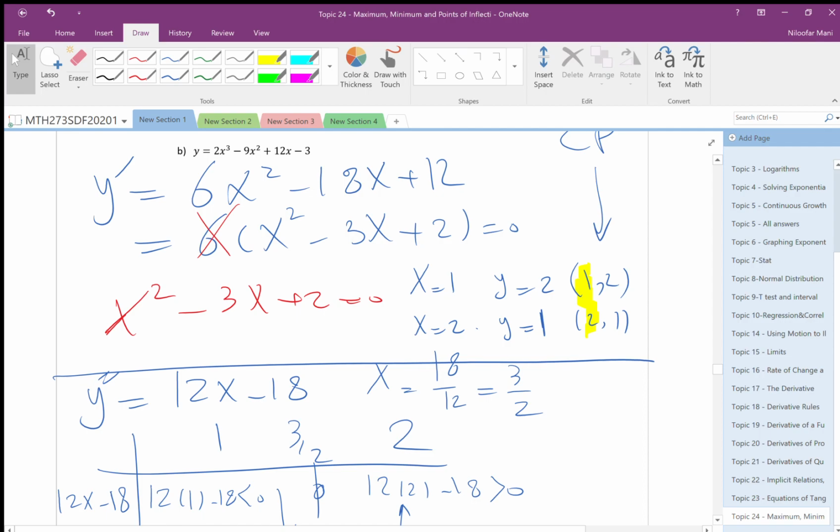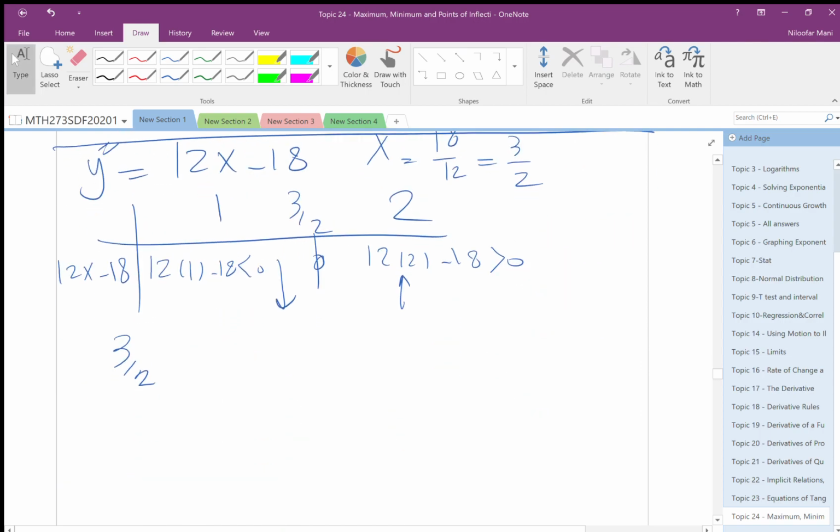So 2 times 1.5 cubed, minus 9 times 1.5 squared, plus 12 times 1.5 minus 3. I think the answer is 1.5. So the point is (1.5, 1.5).